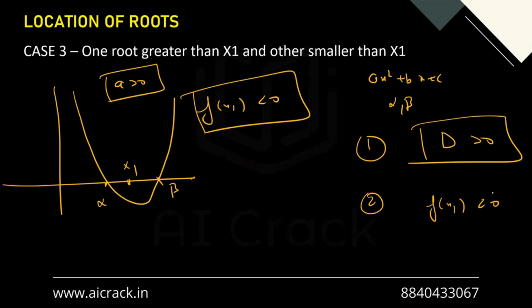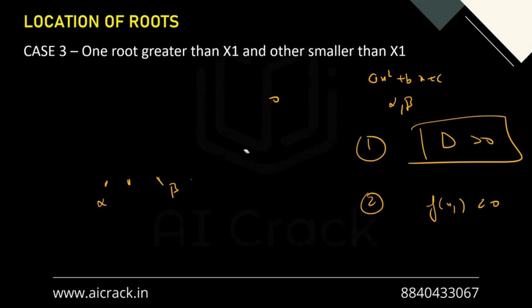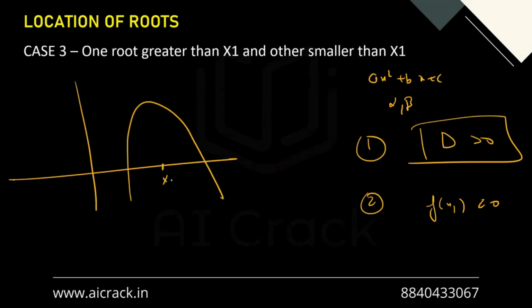But again, we have to incorporate the downward facing parabola as well, right? So in the downward facing parabola, we can simply see that f of x1 is positive. So what is the trick to find out the common condition? We have to multiply a. In this case, a is less than 0. In the previous case, a was positive.